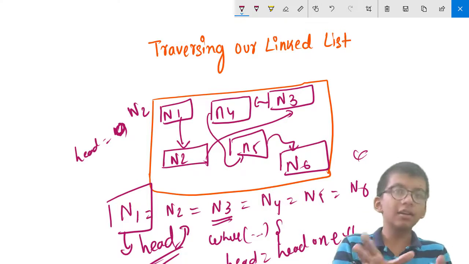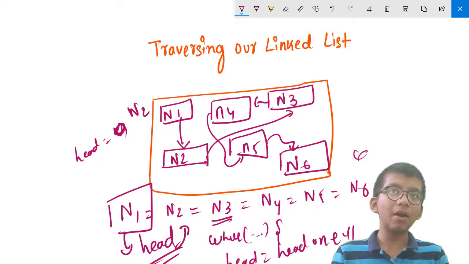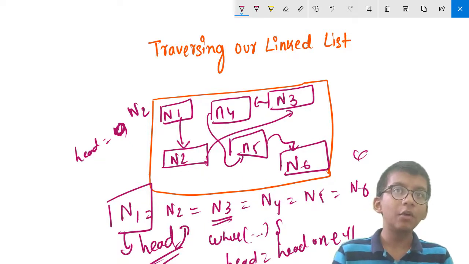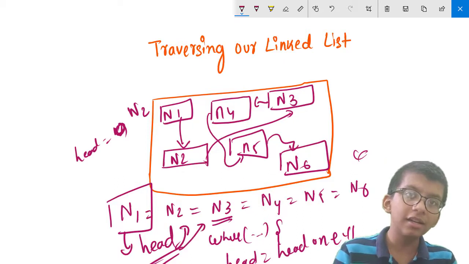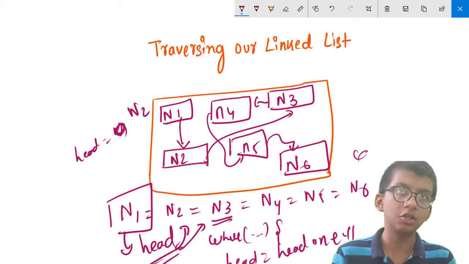Now it will run again with head equal to n2. If we say n2 dot next, now it will start pointing to n3, until we reach a particular condition. I hope you understood what I'm trying to say here.